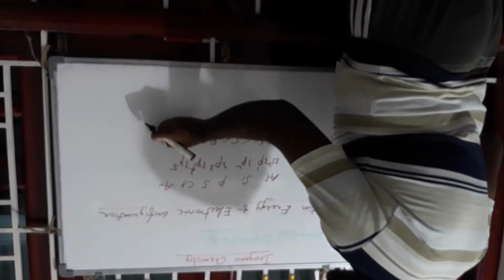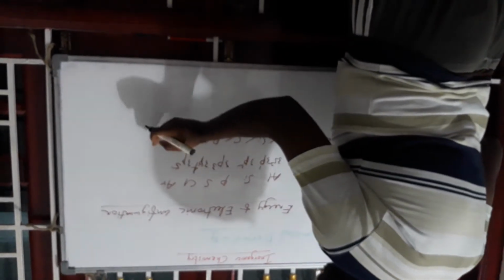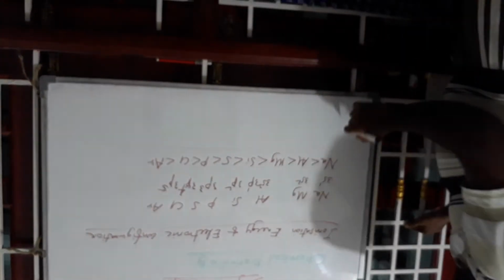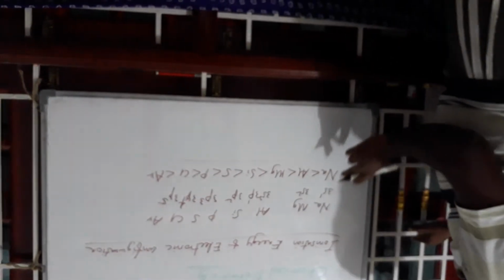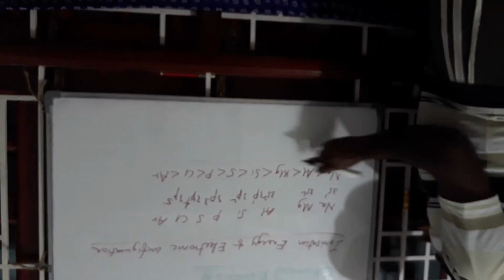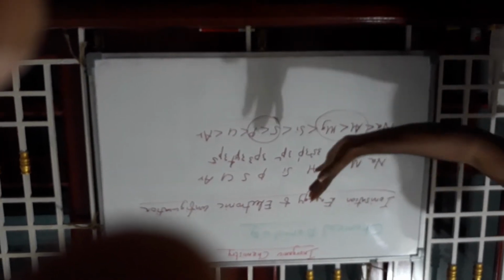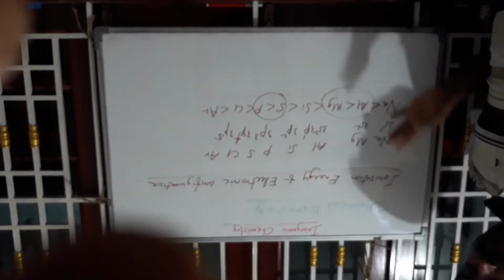Argon is the most stable element and it is not possible to remove an electron. So the highest ionization energy is argon and the lowest is sodium. Aluminum, magnesium, sulfur and phosphorus have anomalous properties and don't follow the general rule.